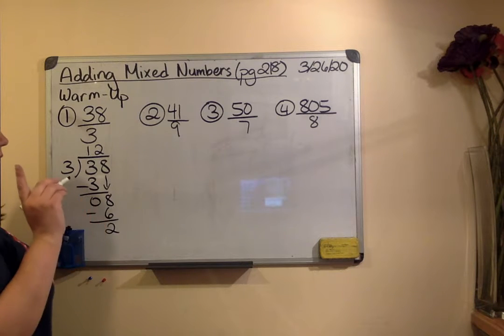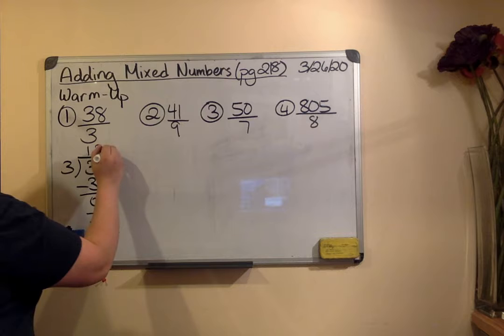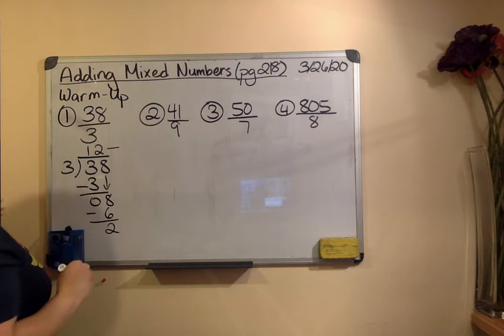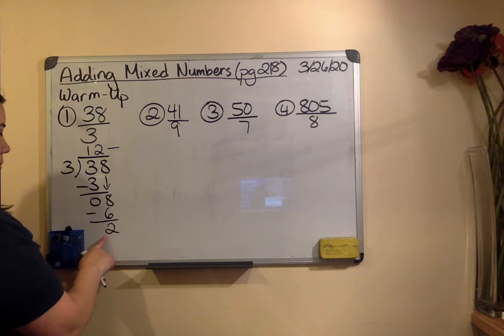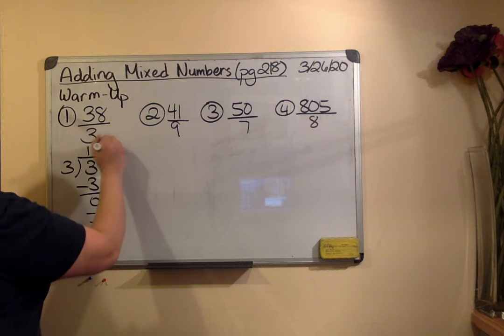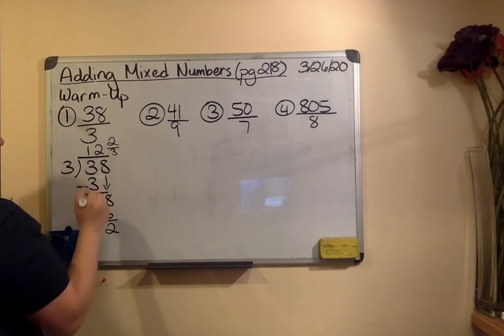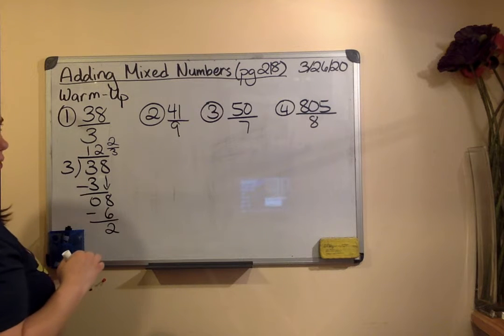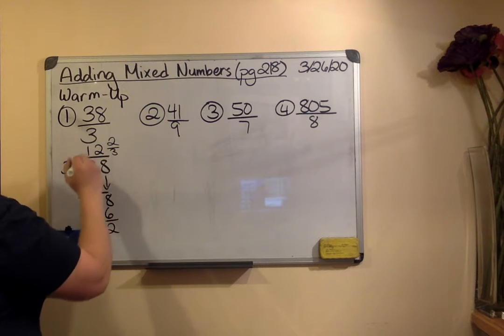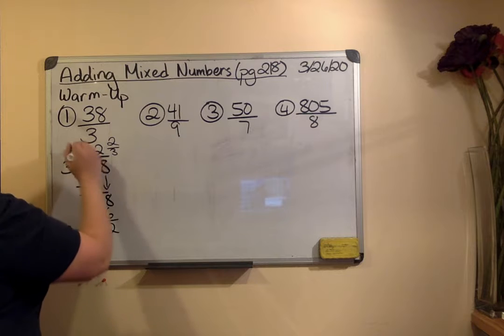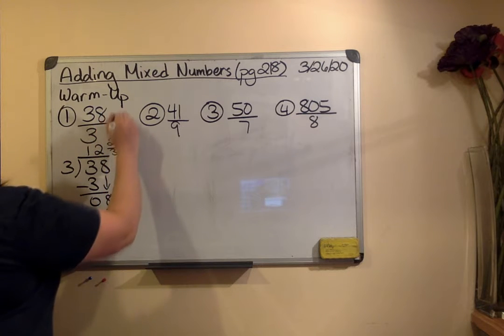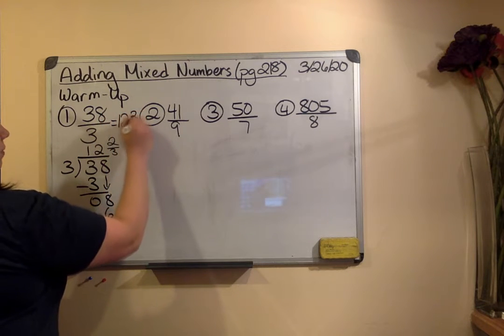I hope you remember you are going to draw a fraction bar behind your quotient. You put the remainder on the top of the fraction bar, and your divisor becomes your denominator. And now 38 over 3 becomes 12 and 2/3.